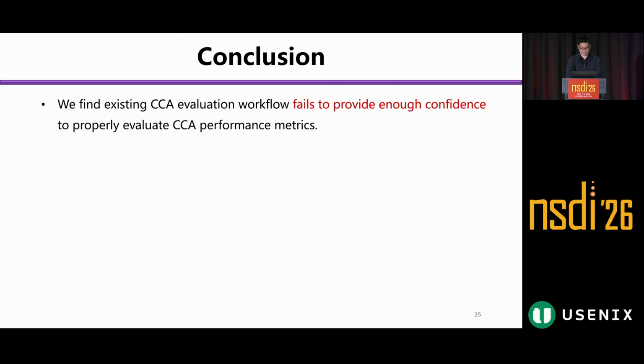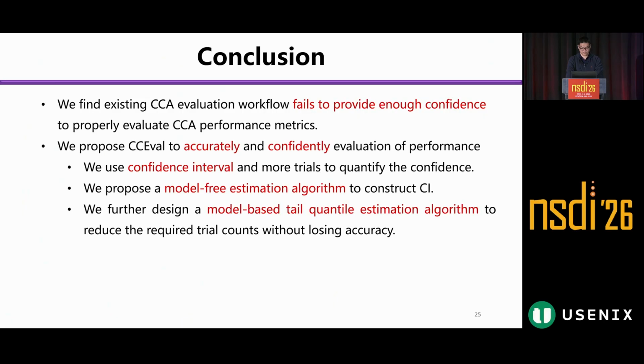So to conclude, we find that existing congestion control evaluation workflows often fail to provide enough statistical confidence for performance metrics. And CCEval addresses this problem in three ways. It uses confidence intervals to quantify accuracy and confidence. It provides a model-free estimation algorithm that generalizes across congestion control algorithms.